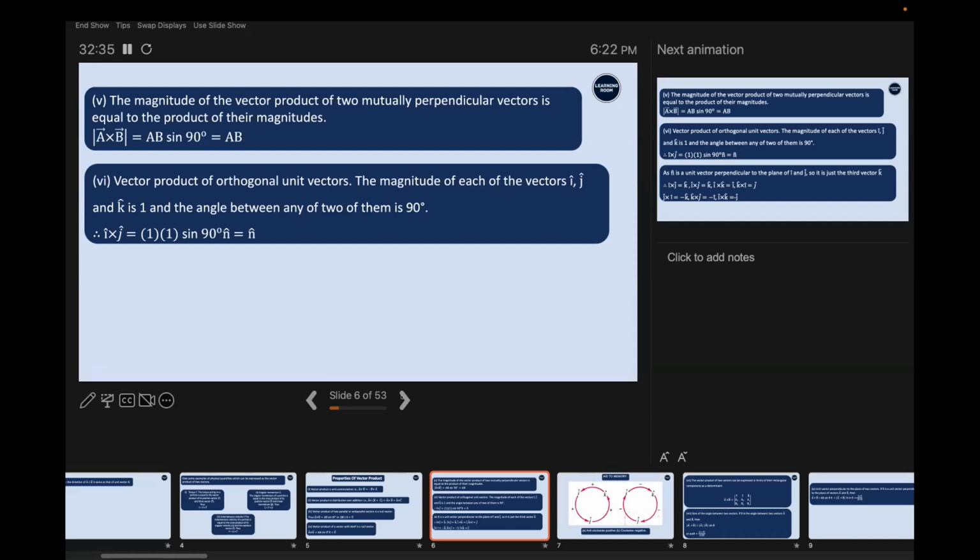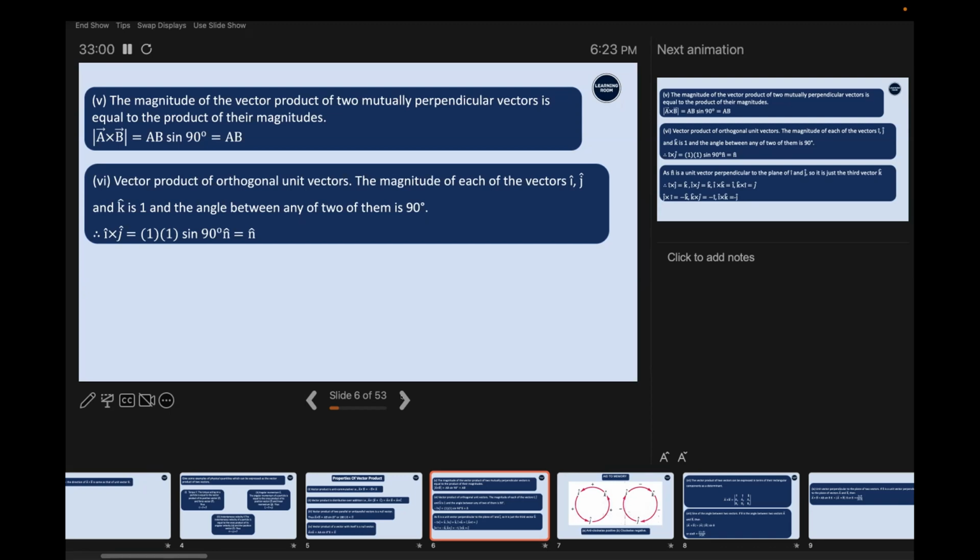From the previous point, the concept there was that we are finding the magnitude of the cross product of perpendicular vectors, whereas here you are finding just the cross product of two perpendicular vectors. Means I cap cross J cap should give you what? Magnitude of I cap, which is 1.